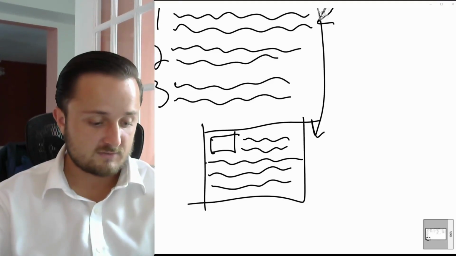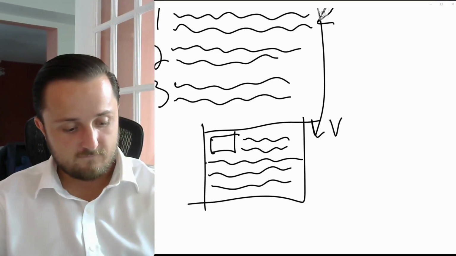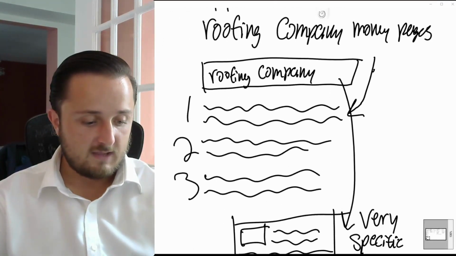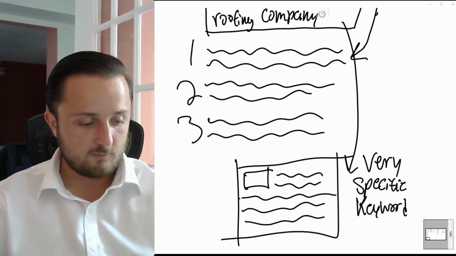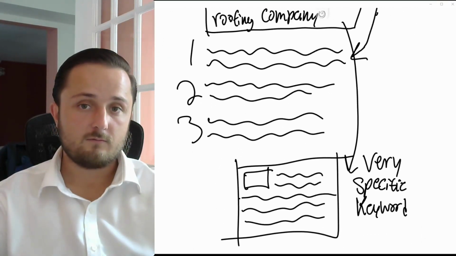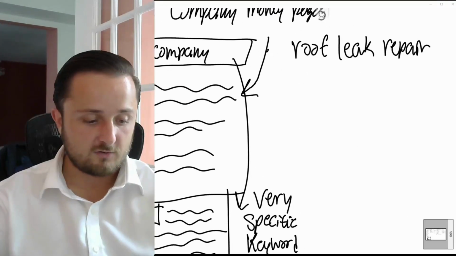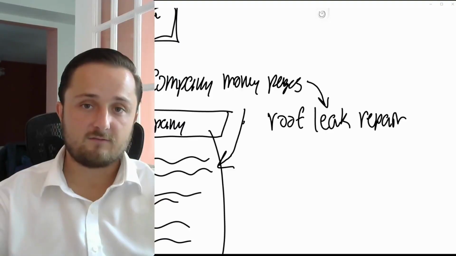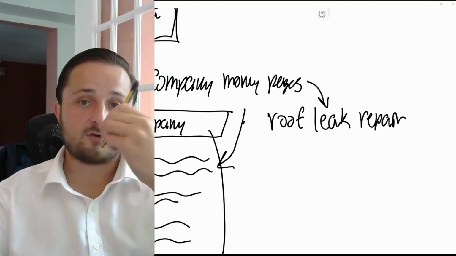So that's a money page. A money page is for a very specific keyword. If you're wanting to rank for roof leak repair, you need to create a new money page to rank for that very specific keyword, that very specific term.